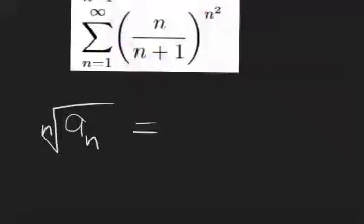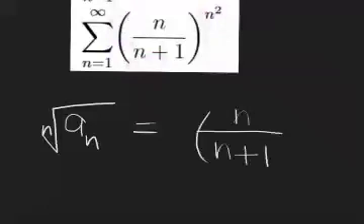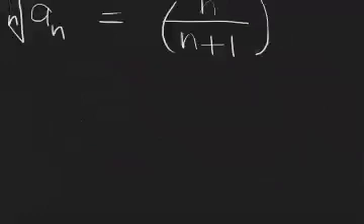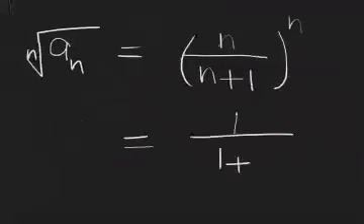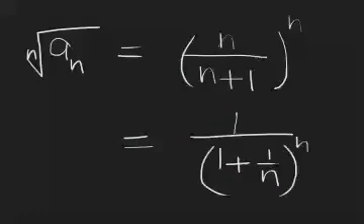Then n divided by n plus 1 to the n, right? Then we want to find the limit of this one. Either you can do it here: this one is 1 over (1 plus 1 over n) to the power n, right?